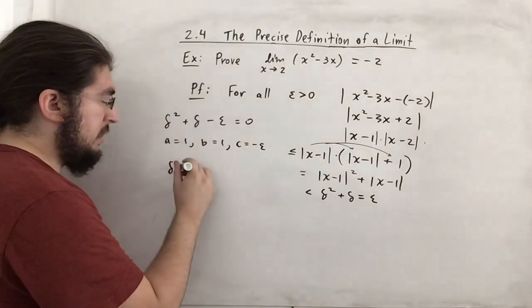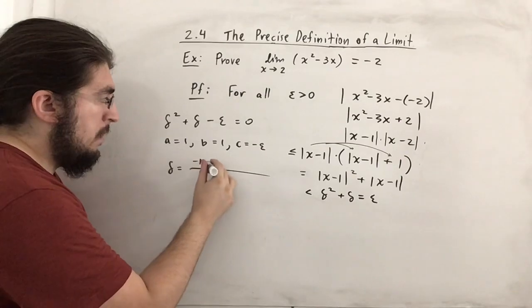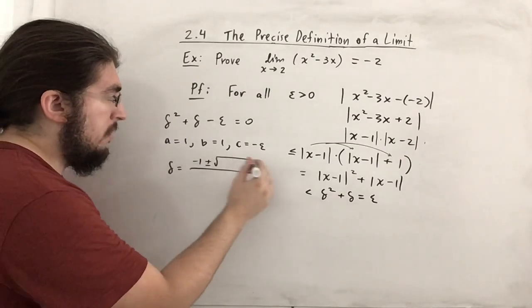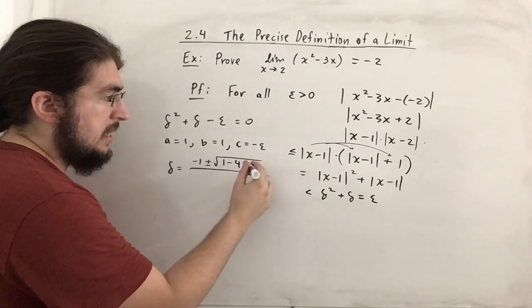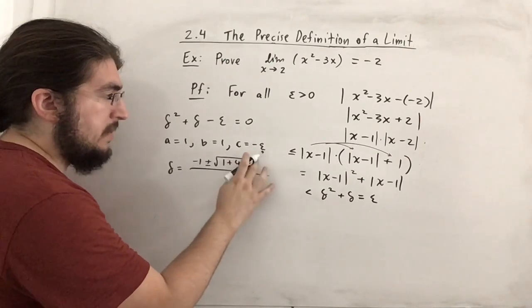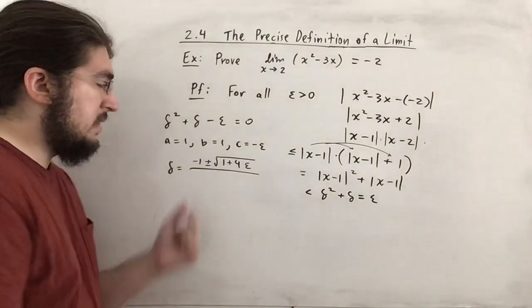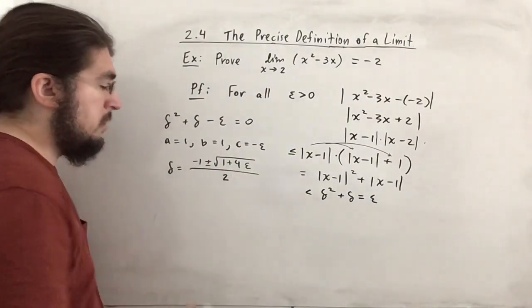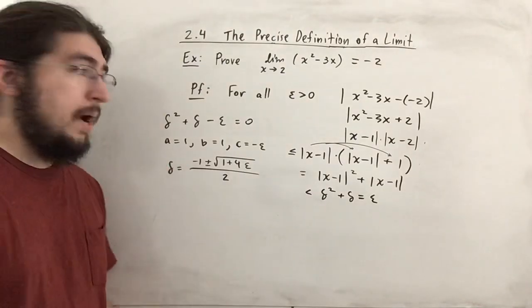So delta is equal to negative b plus or minus the square root of b squared minus 4 times a times c. Since c is negative epsilon, this becomes a positive here, which means we don't have any issues with a negative inside of the radical, all divided by 2 times a. Now the only real issue is we have this plus or minus to deal with.